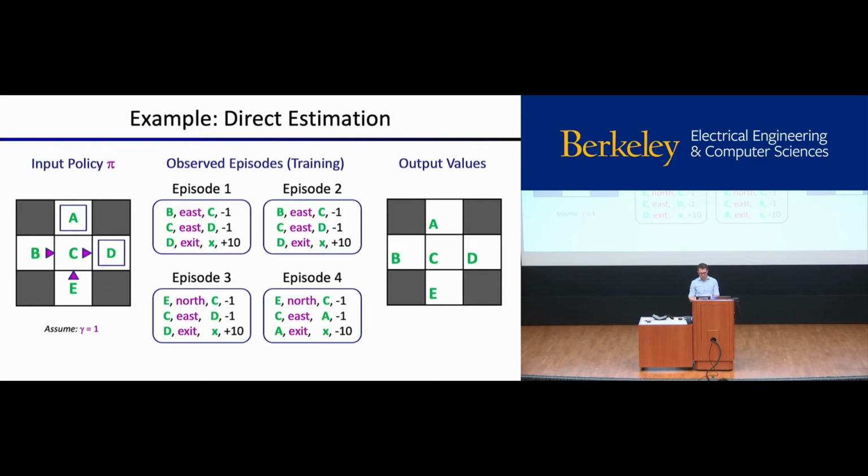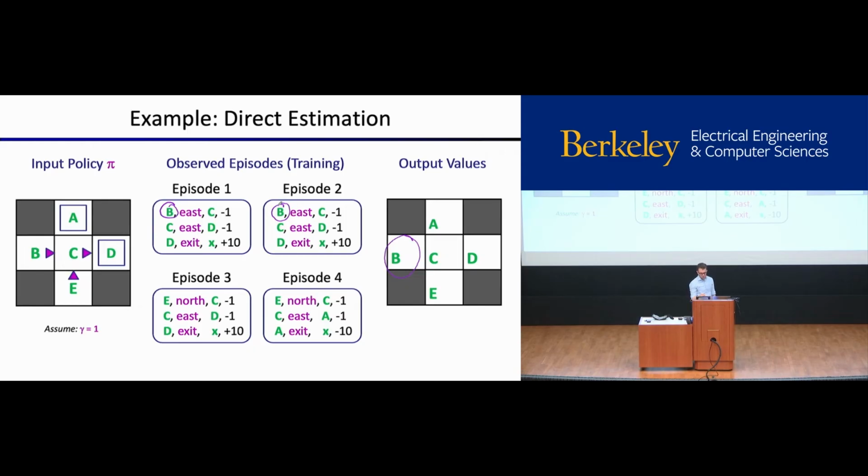Well, what's the value? Let's start with B. The approach here, where we're just estimating directly from data, is we're just going to look at all the episodes that include B, right? Here's an episode that has a B. Here's an episode that has a B. And we're going to look at all the trajectories, the sequences of experiences starting from B, right?